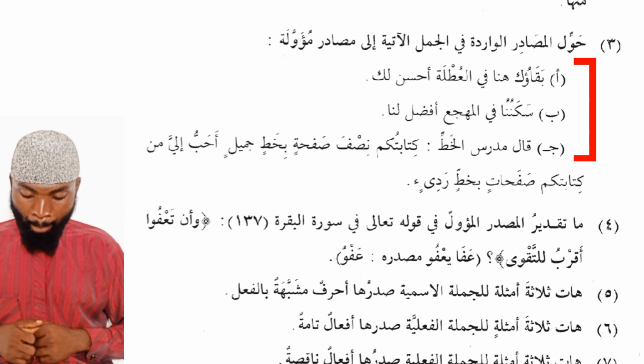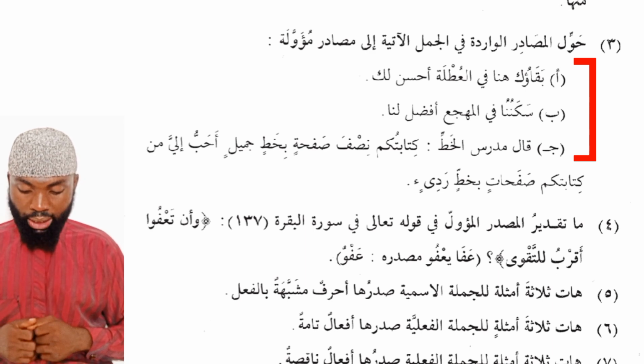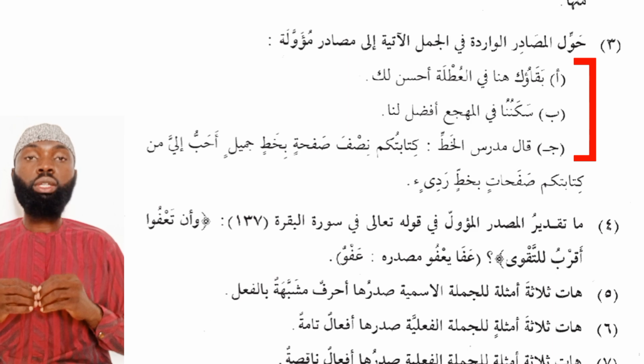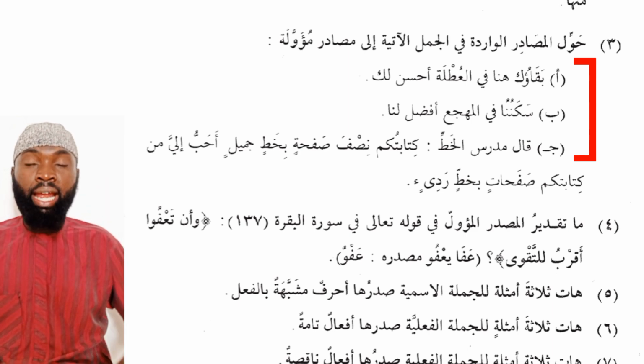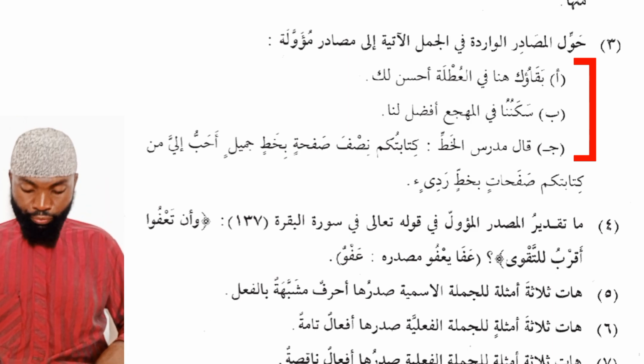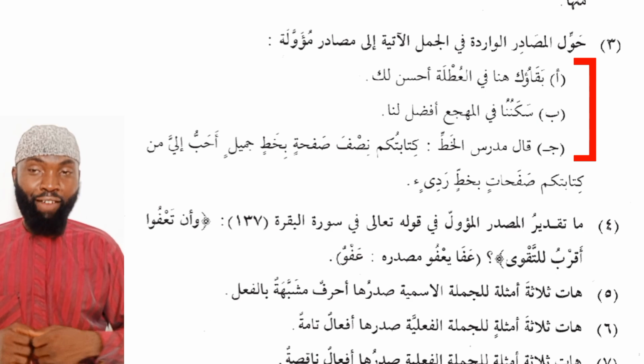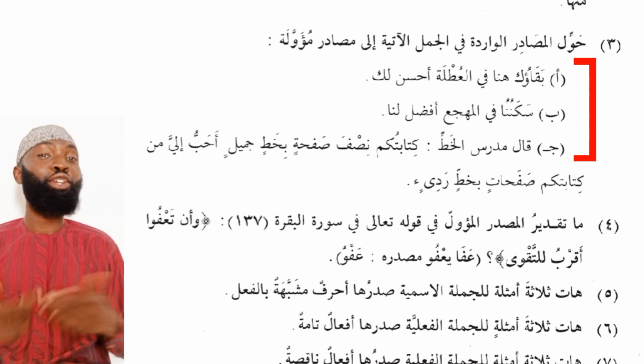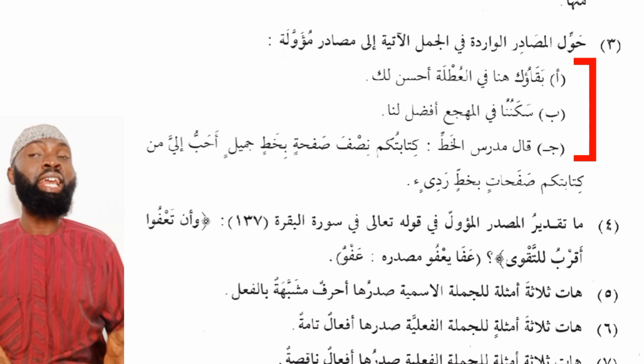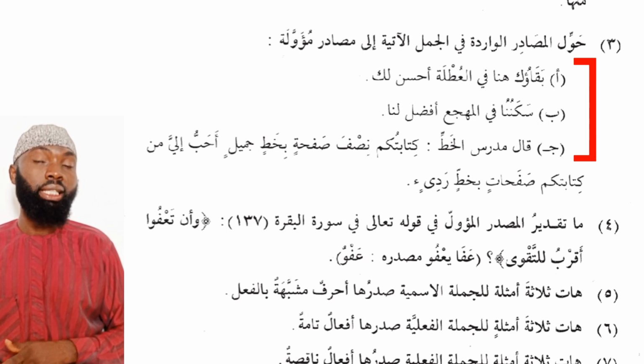The first one we have بقاؤكم هنا في العطلة أحسن لك. Your staying here in this holiday is better for you. So you have an tabqa huna fil utlati ahsanu lak. For you to stay here, that you stay here in the holiday is better for you.